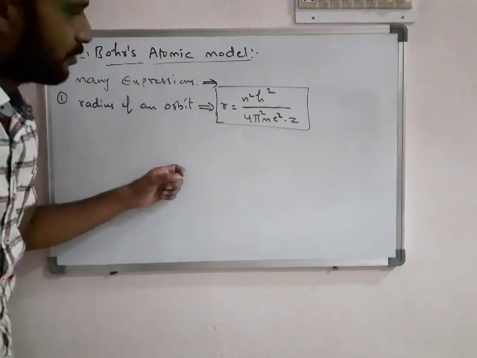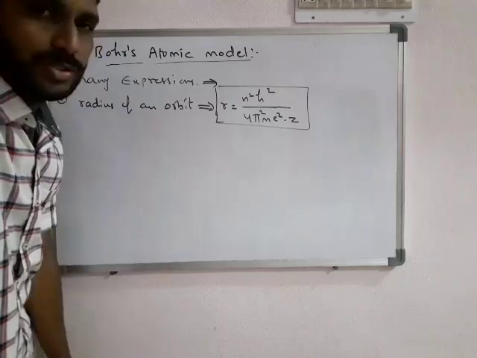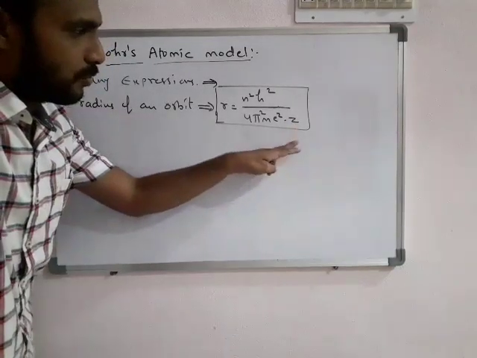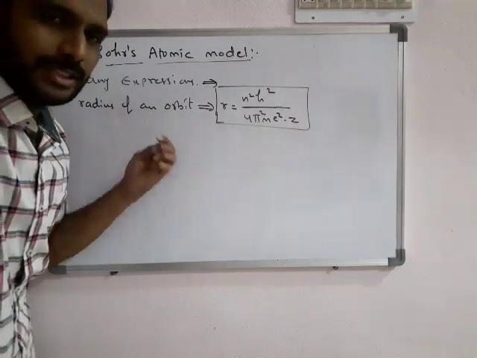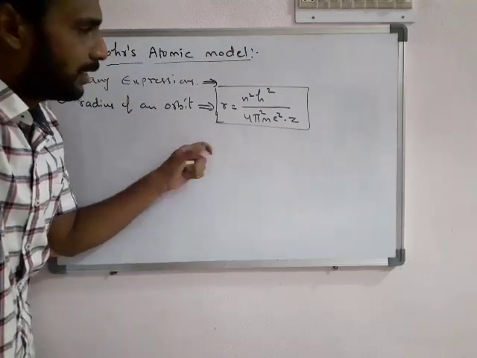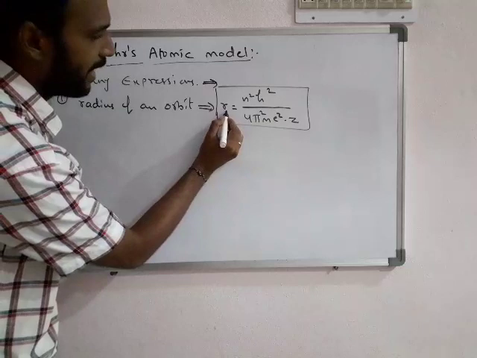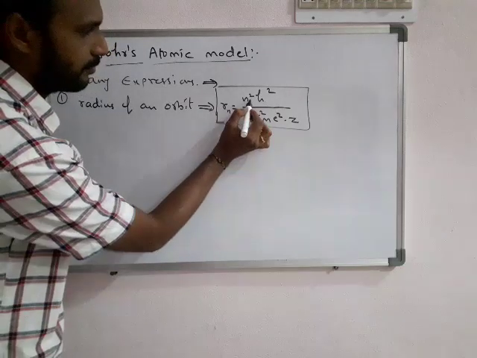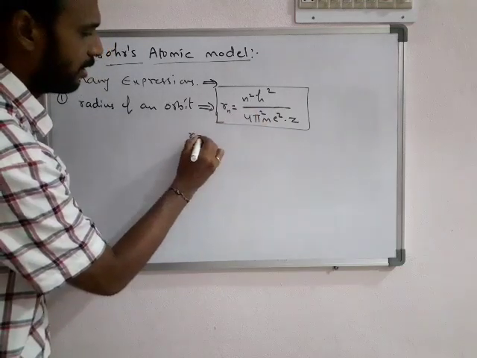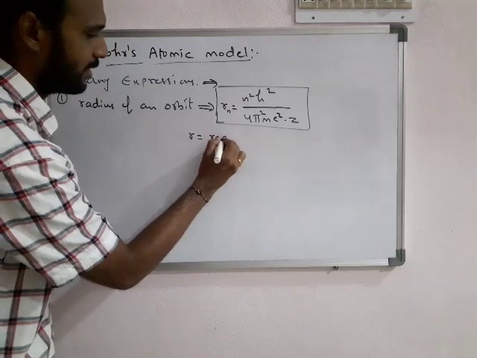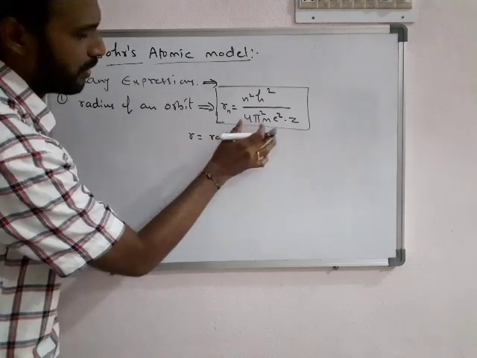Actually at first it was given only for hydrogen atom by taking z equal to 1, but afterward it was changed to apply to all atoms. So here, the radius of the nth orbit means in this formula r equal to radius. We need to learn this expression by heart.